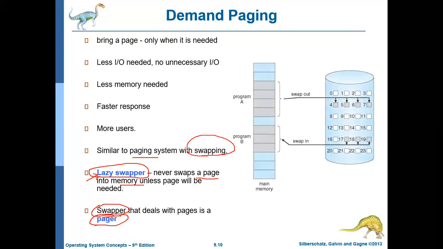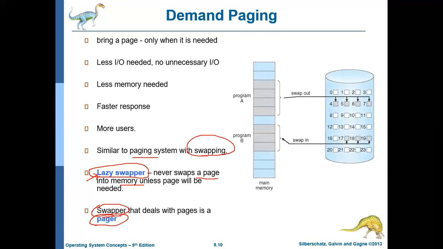So the key takeaway is that demand paging is nothing but paging with swapping. To refine that, it is not just paging with swapping, it is paging with lazy swapping. That is, swap in a particular page only when it is required. As long as it is not required, let it be in the hard disk. Swap only those pages which are required.